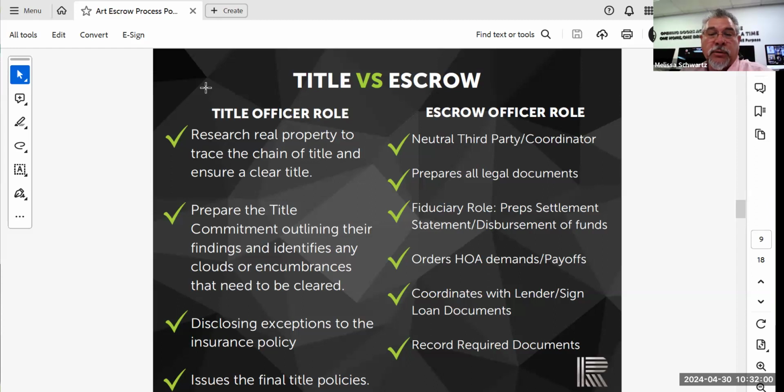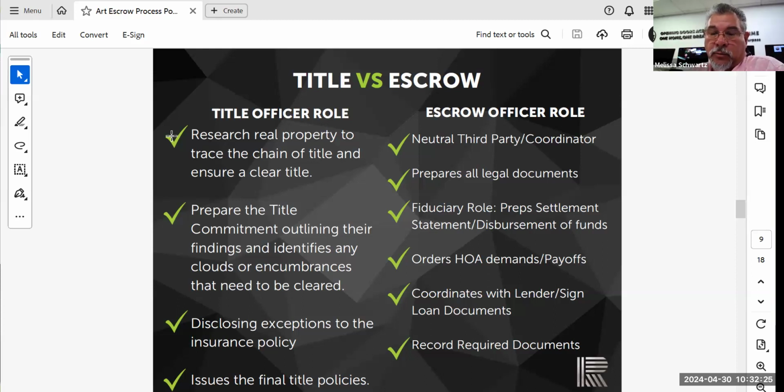The title officer's role is to research real property, trace the chain of title, and ensure a clear title. Title actually goes back to the very first patent, when the government split that land and conveyed it from themselves to whoever the land grabber was, or the developer, or the buyer who wanted that plot of property.